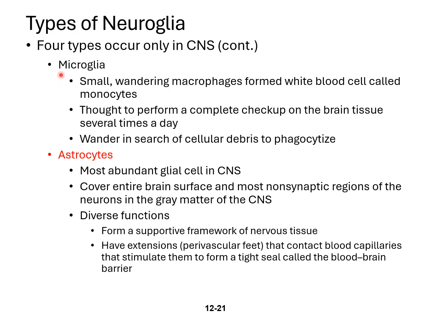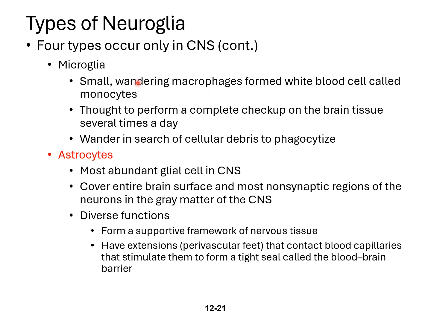Microglia, I left that without the red. The reason why is because there are many classes of microglia, and in most textbooks and journals they're looking at how microglia can be used to help in diseases and different types of disorders.